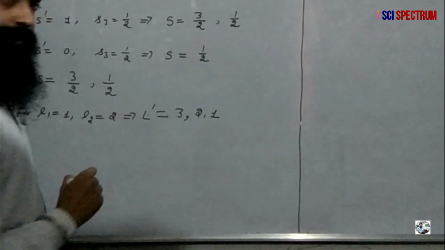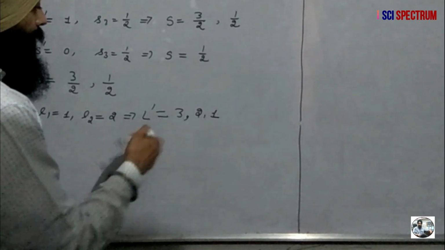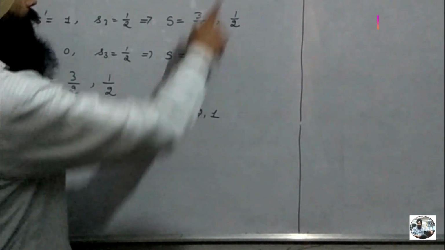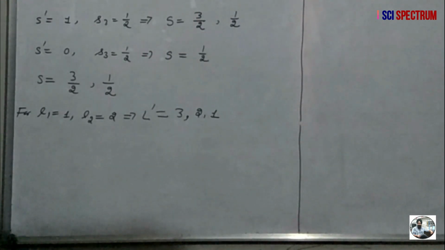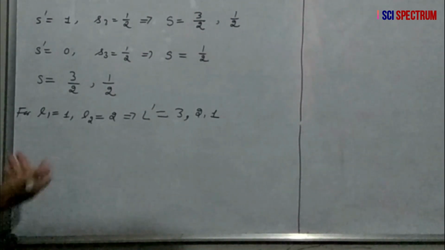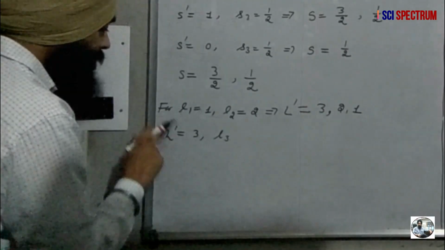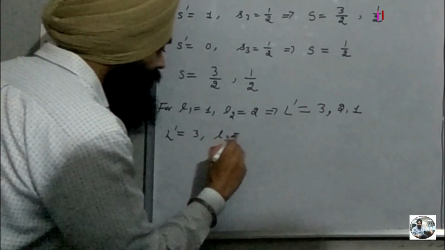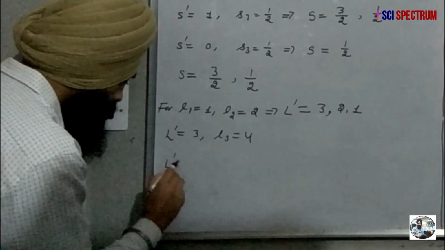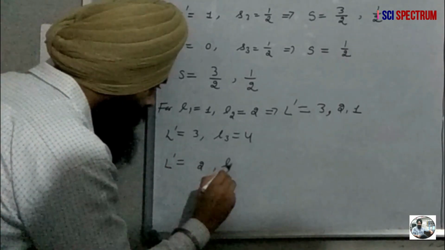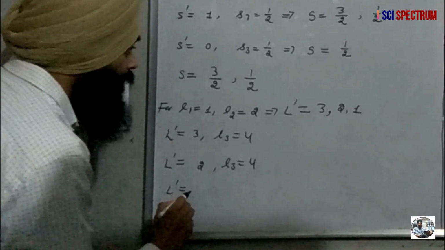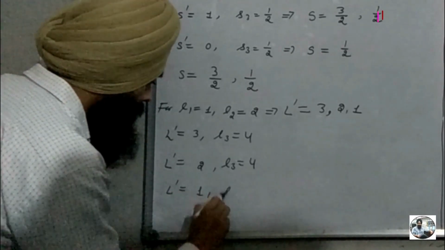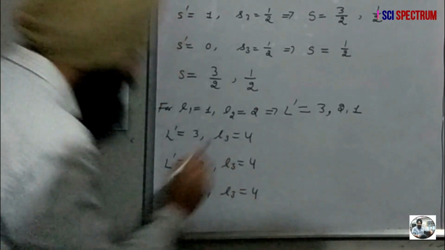So this is the L dash value or L prime value. Each value of L prime will be combined with the L3 value to find out the final value of capital L. So let us say L prime is equal to 3 and L3 is 4, L prime is 2, L3 is 4, L prime is 1, L3 is 4.